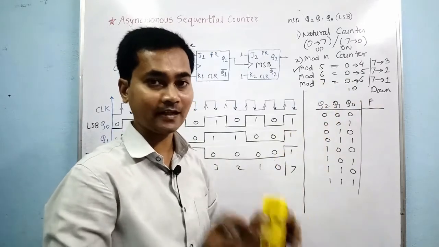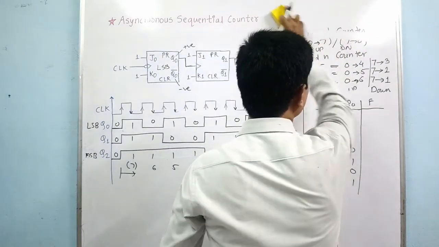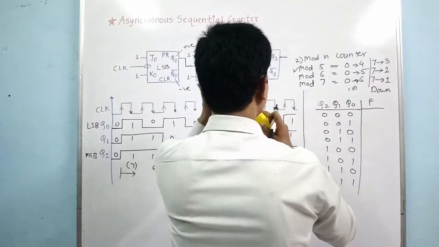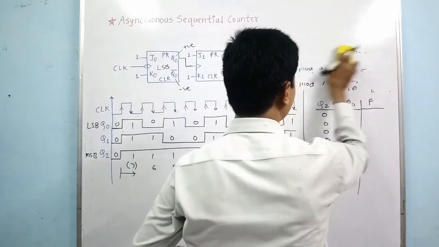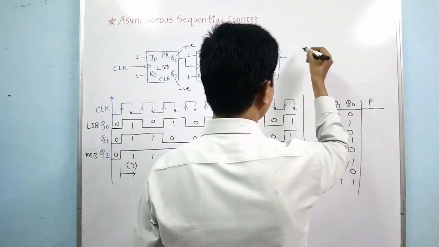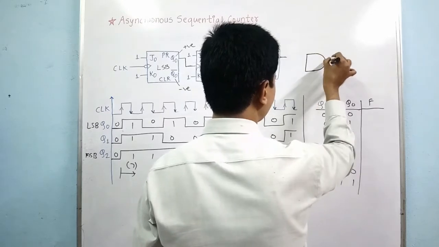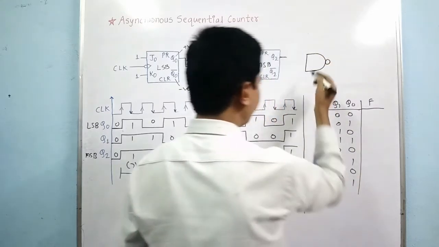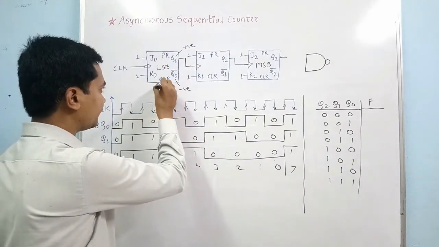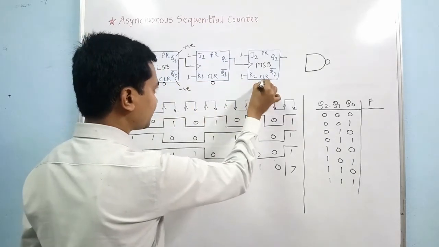Normally we use the NAND gate, so I will just draw the NAND gate here. Why am I taking the NAND gate here? Because our clocks are negative or active low, so these are active low clocks I am considering.